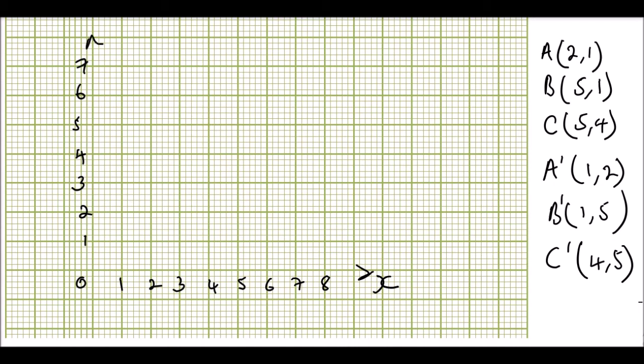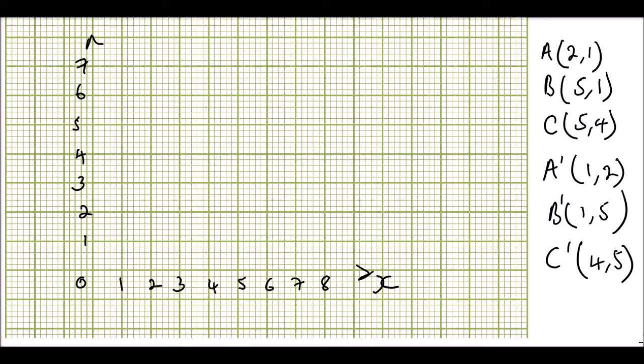You plan your scale according to the coordinates that you have. For example, the highest value of y is 5 and the lowest is 1. For x, the highest is 5 and the lowest is 1. So you can plan your scale like that. Then from there, we are going to identify the points.